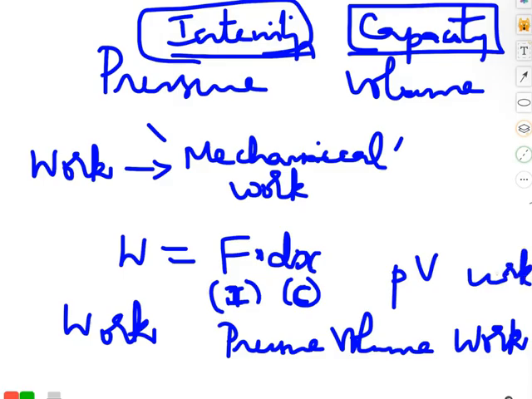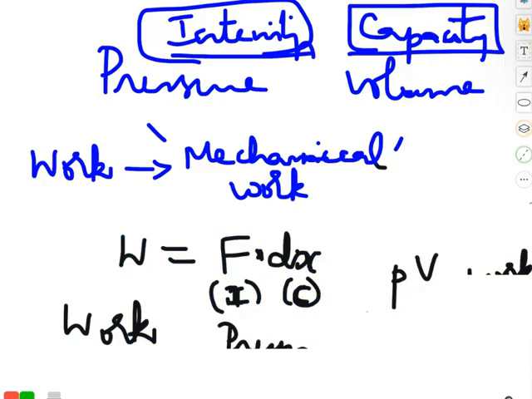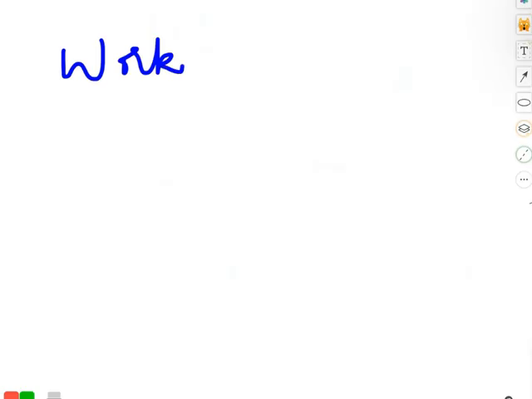Now, we said work is a path function because it involves both the state as well as it follows a path. Work is a path function and not a state function.